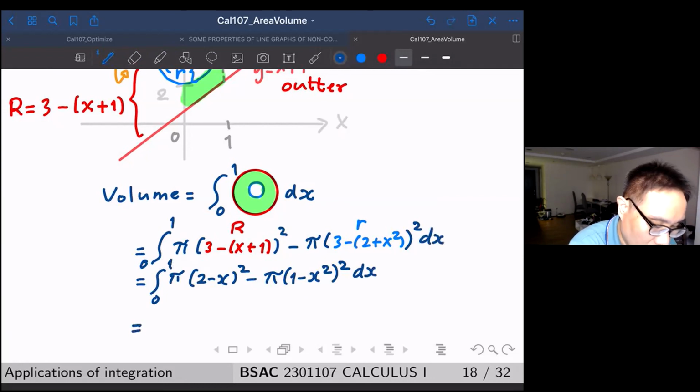In this case, you're going to have to expand again.